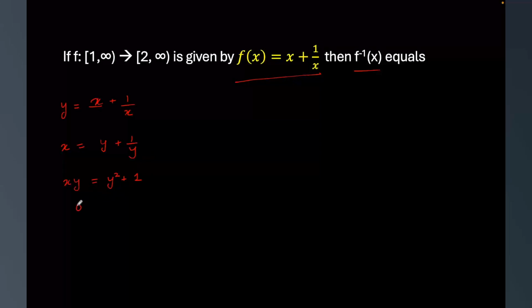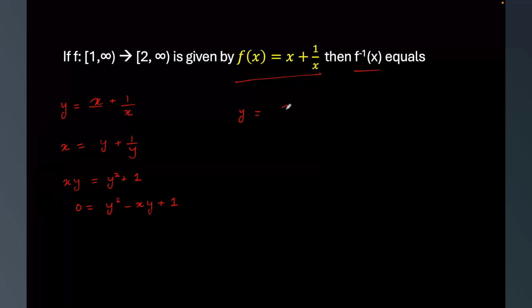Okay, I'll bring everything to the right hand side, so I'll have y squared minus xy plus 1 is equal to 0. Now what do we do? Well, nothing. We just solve for y using the quadratic equation. So what do we have? y is equal to, well, what is the quadratic formula?